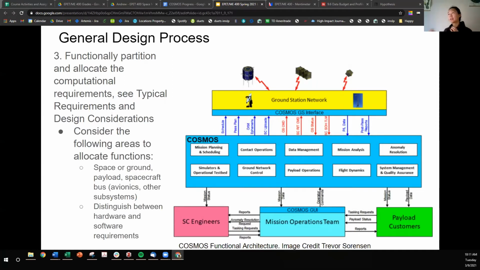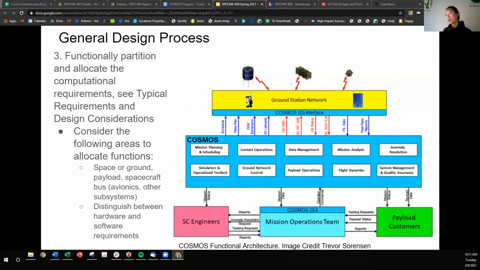So after getting the high-level requirements and the different modes of operation defined, we can functionally partition and allocate the computational requirements that is asked of the onboard computer, and then the interfaces that go to the other subsystems.